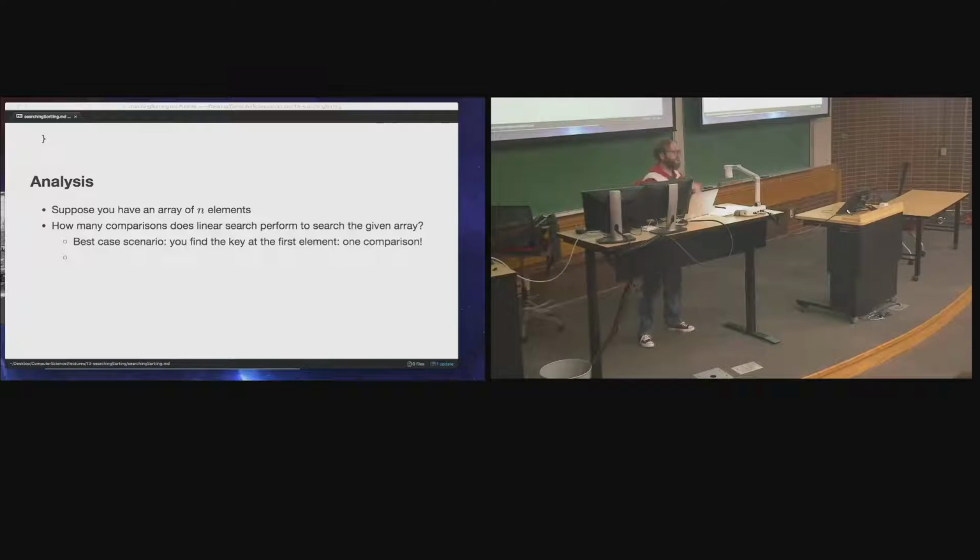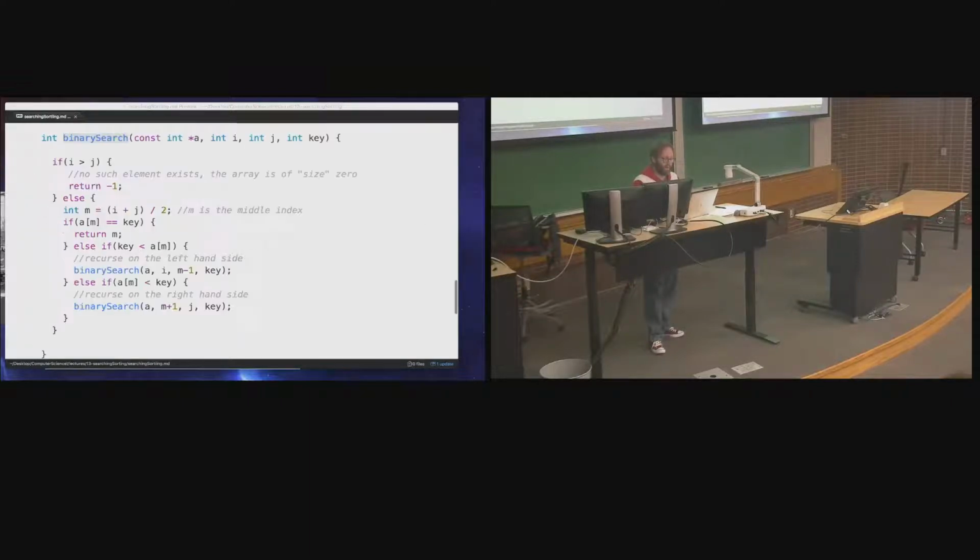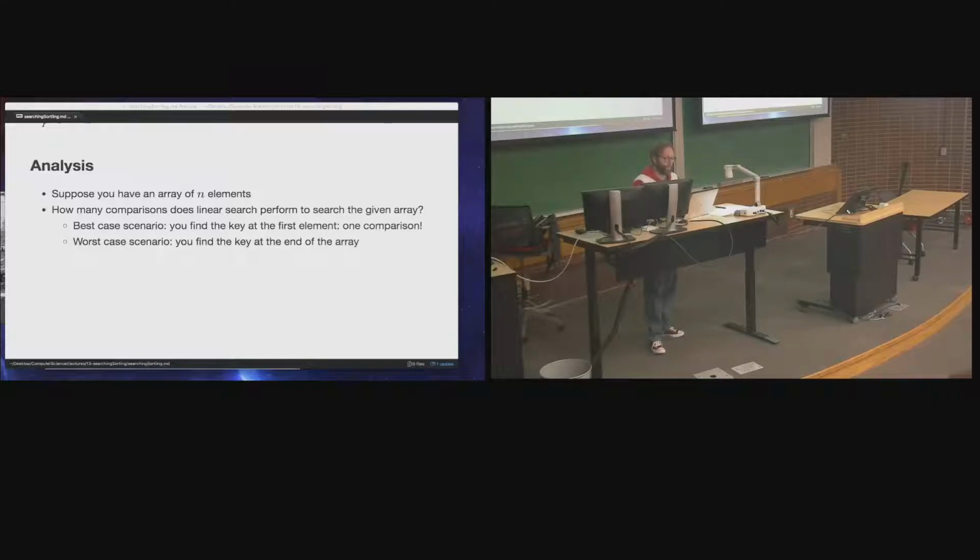Well, let's think about the opposite. What's the worst case scenario? Where are your keys? They're in the last place that you look, right? So in the worst case scenario, you find the key at the end of the array, or you don't find it at all.